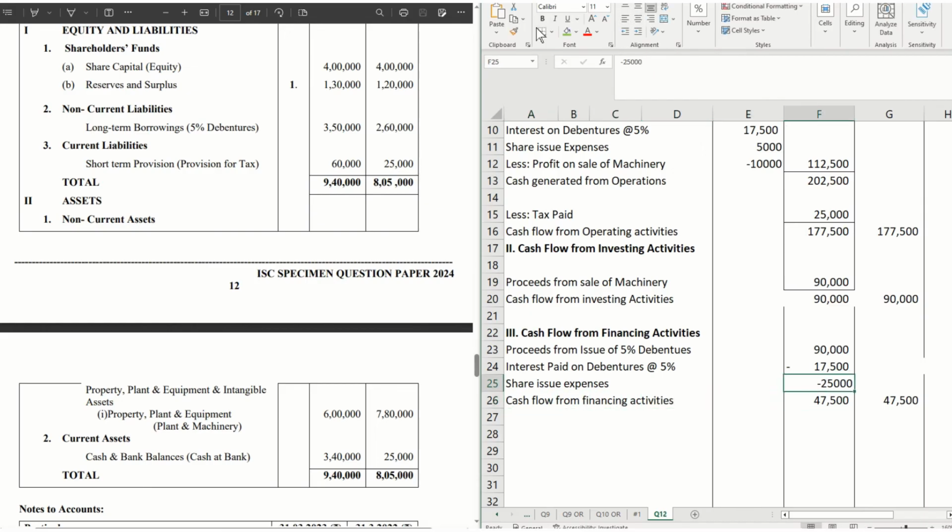All right. If you add all these three figures here, these final figures that we got from each one of them, it comes to 3,15,000. Since it's a positive figure, we mention that as net increase in cash and cash equivalents during the year.